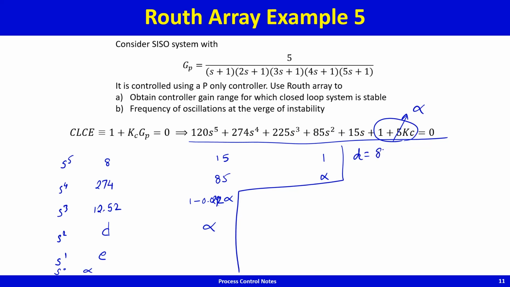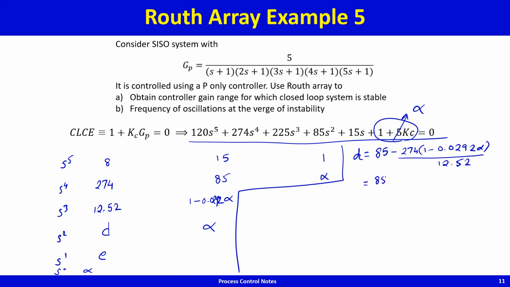So that's 85 minus 274 times 1 minus 0.0292 alpha divided by 12.52.